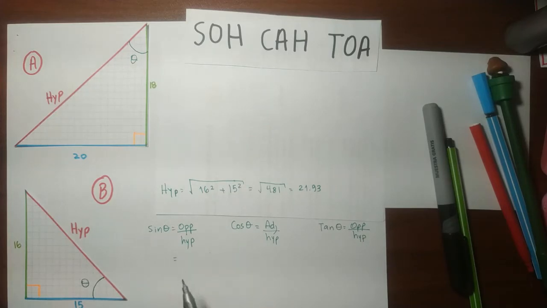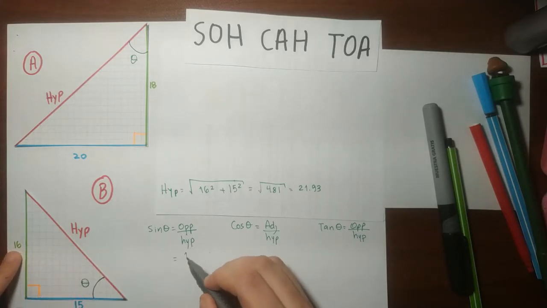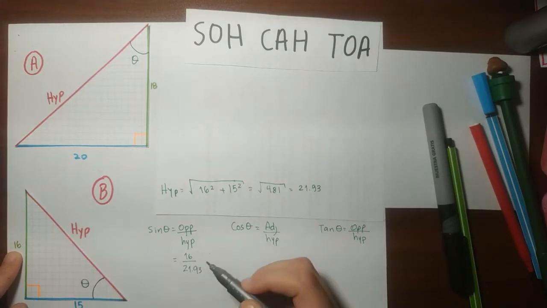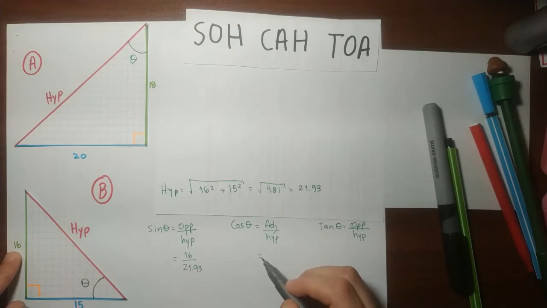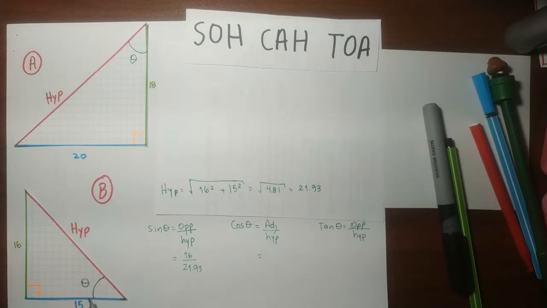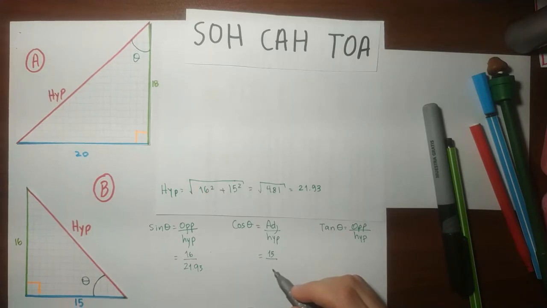Now opposite to my angle in this triangle, in front of the angle we have 16, and the hypotenuse that we just got, 21.93. Cosine will be adjacent to the angle, the leg that touches the angle, which is not the hypotenuse, 15, divided by hypotenuse, which is 21.93.